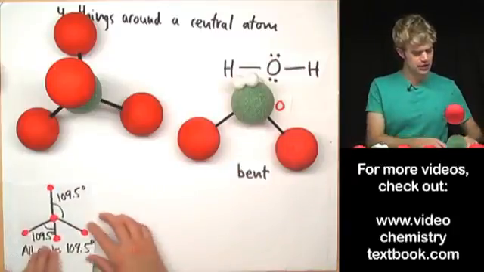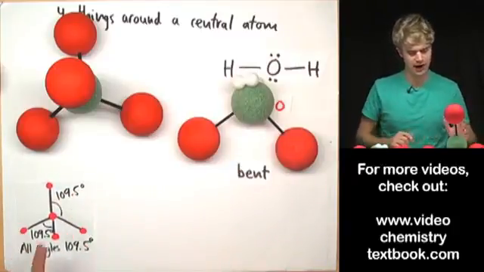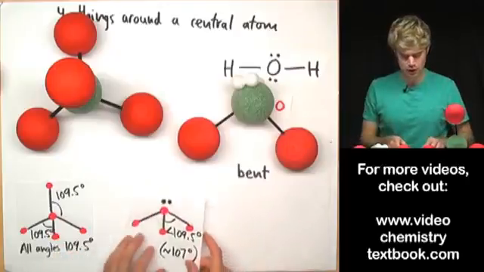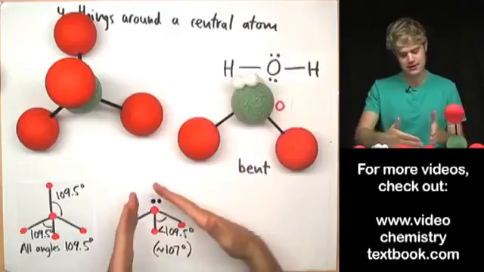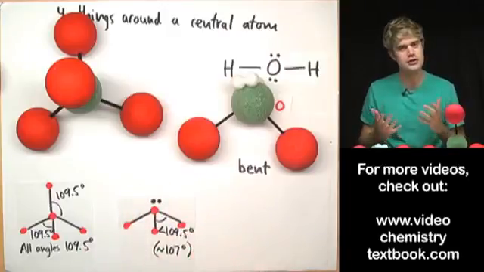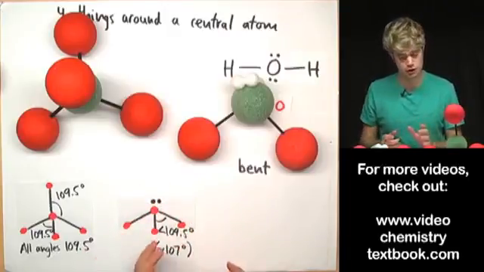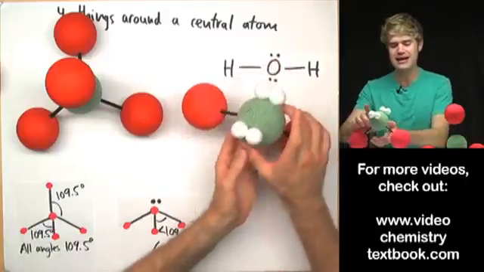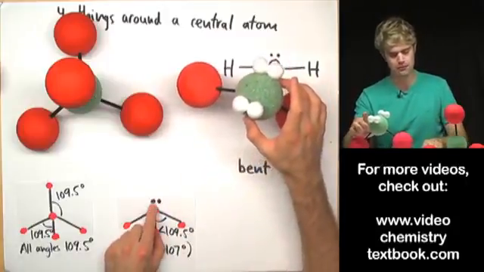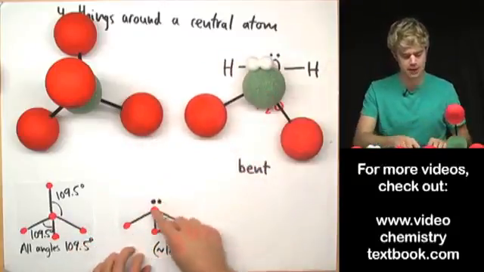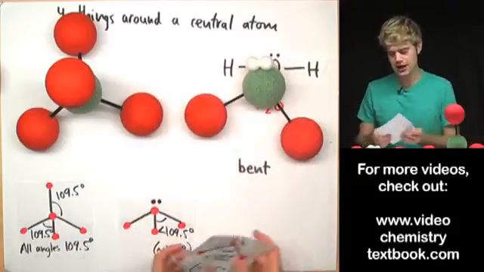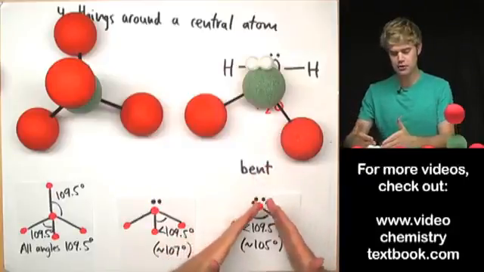Let's look at the tetrahedral again, which had 109.5. Then in the trigonal pyramidal, when we had 1 electron pair, it pushed the bonds a little bit closer together, so we had about 107 degrees between them, a little less than 109.5. Now when we have bent, instead of 1 unshared electron pair, I have 2 lone electron pairs. And so the combination of those 2 is going to push the atoms even a little bit closer.